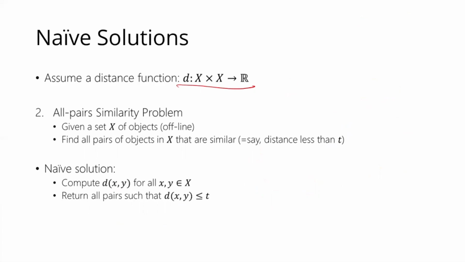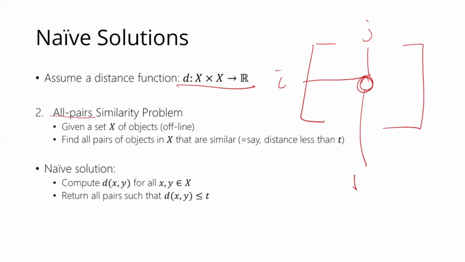The second type of problem, we're kind of jumping back and forth to give you the taste first. Again, we have a distance function d defined on the data set. Now, the naive solution for the all pair similarity problem is to simply construct a distance matrix. Our distance matrix D is going to have an element at the ith row and jth column, which is defined to be just the distance from the ith object to the jth object.